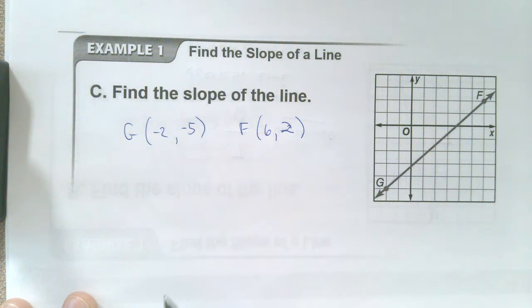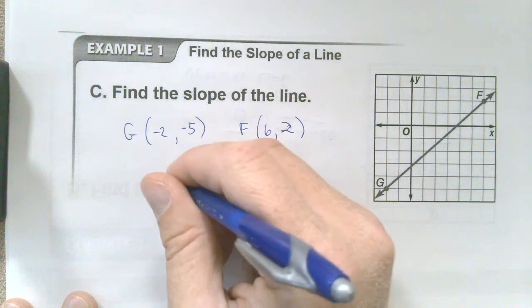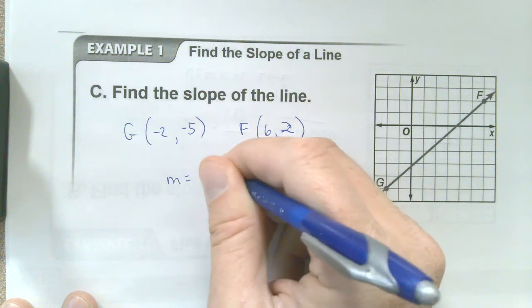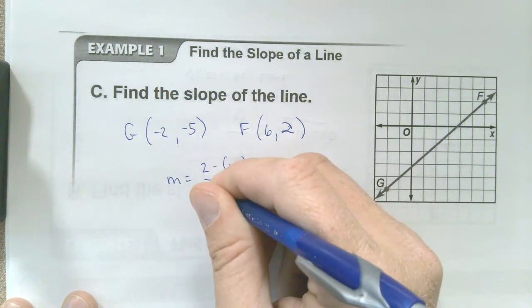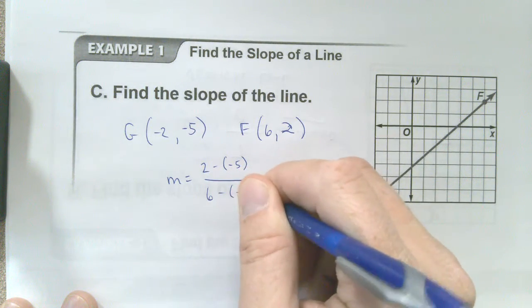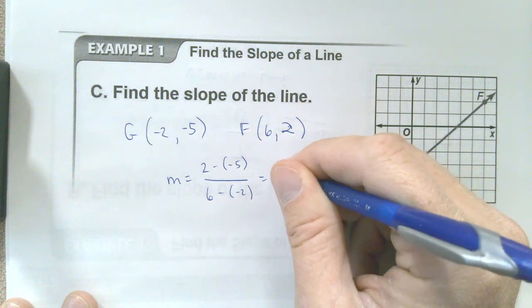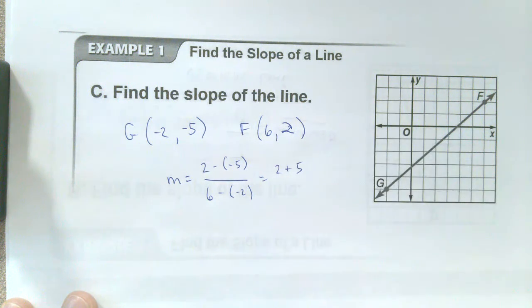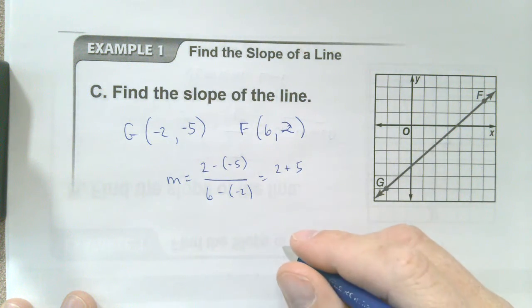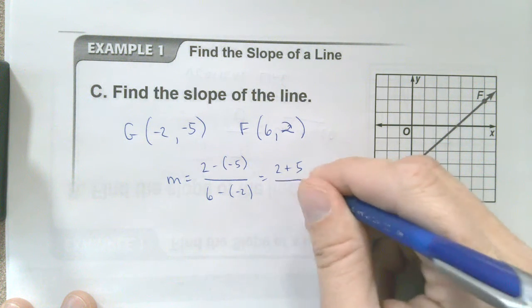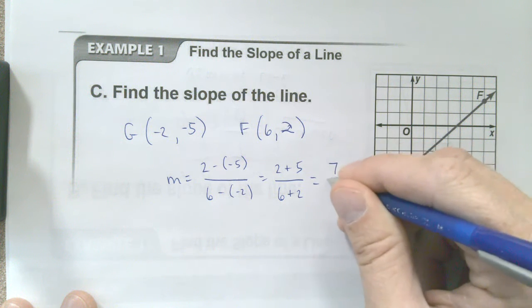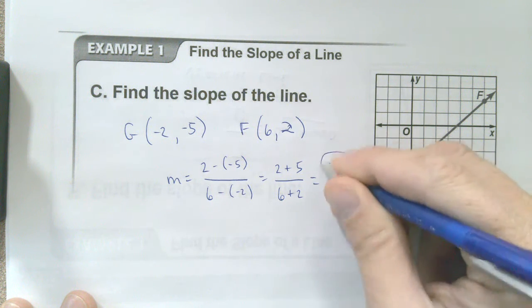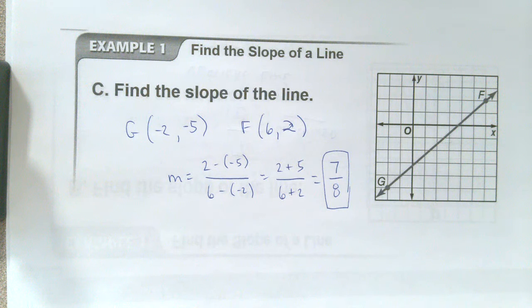So if I do my y's, 2 minus -5 over 6 minus -2. Same thing as saying 2 plus 5 over 6 plus 2. So my slope here would be 7 over 8.